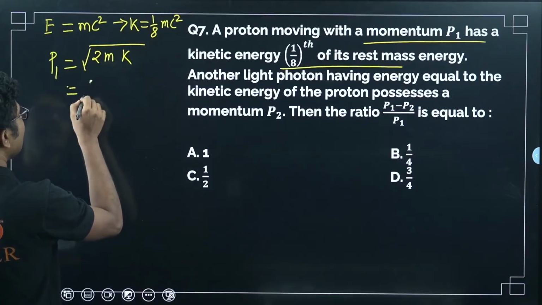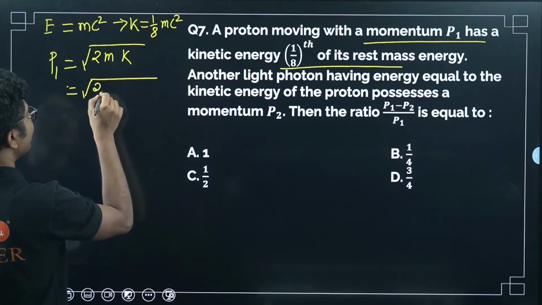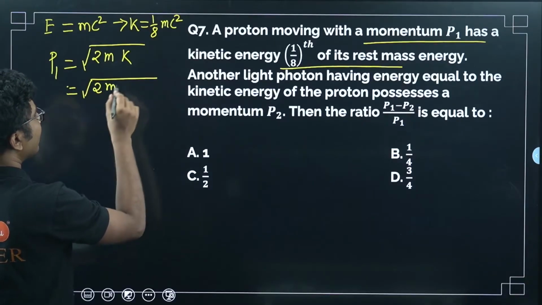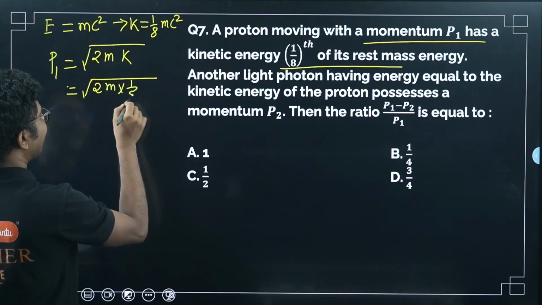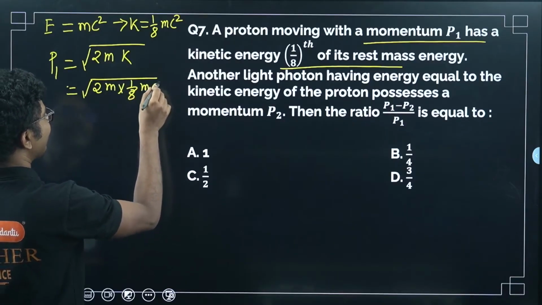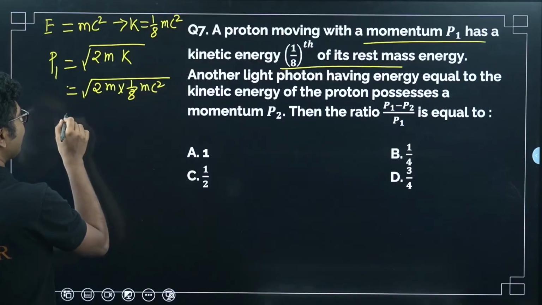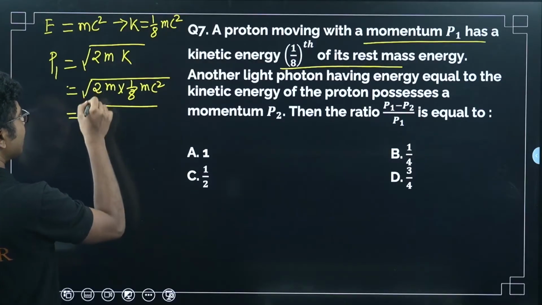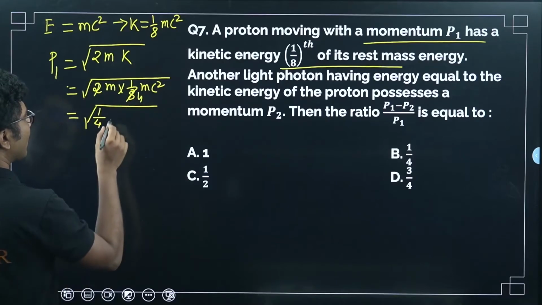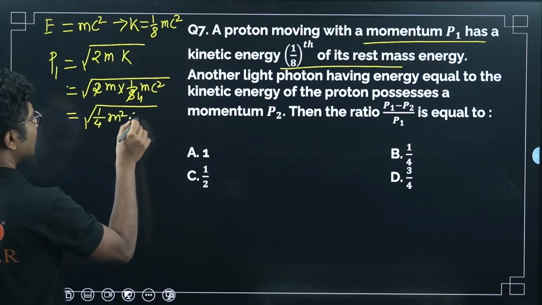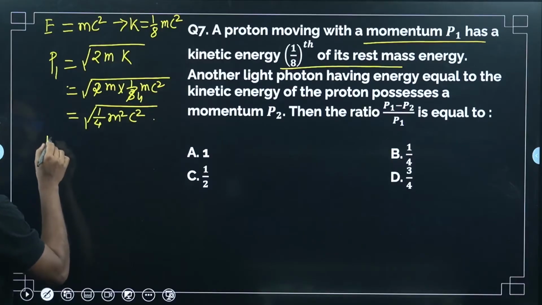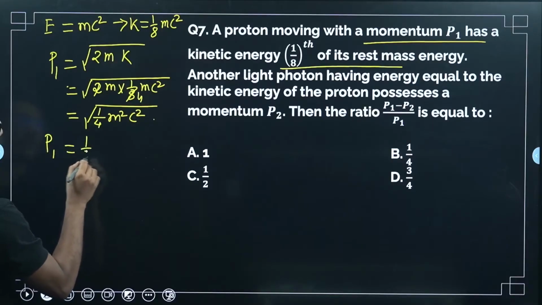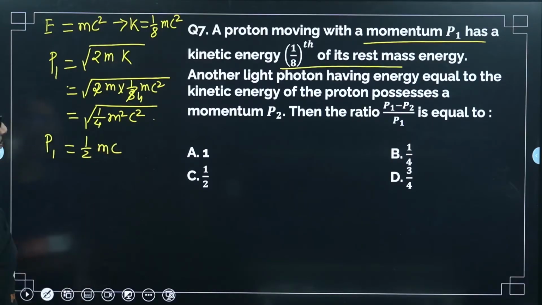So P1 is equal to root of 2m times 1/8 mc square, right? Now if you simplify this, you will get 1/4 m square c square, or P1 equals 1/2 mc.